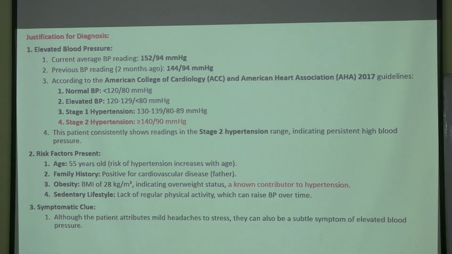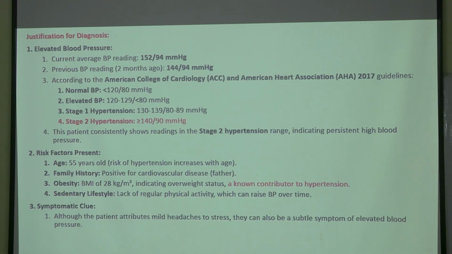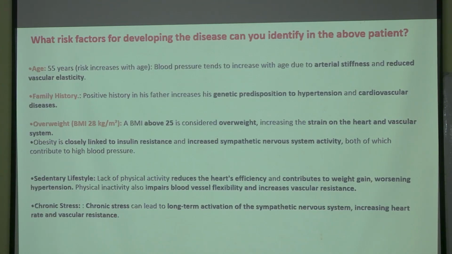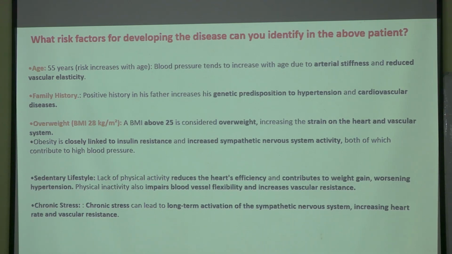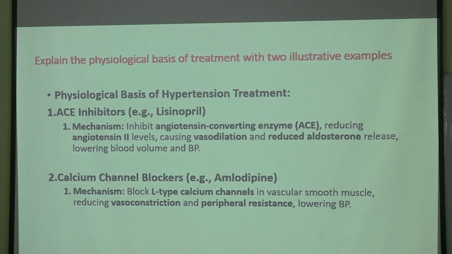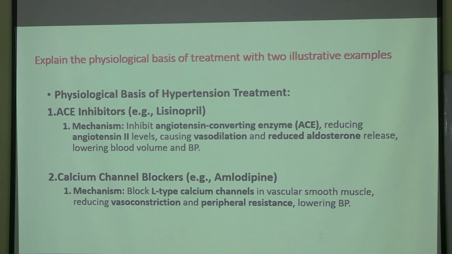And after that, we discussed the possible factors involved and how these factors are involved in the development of this particular disease. And after that, we discussed the physiological derangements in subjects who have hypertension, and we also discussed the possible treatment strategies and their mode of action. I hope now the case is clear to you.